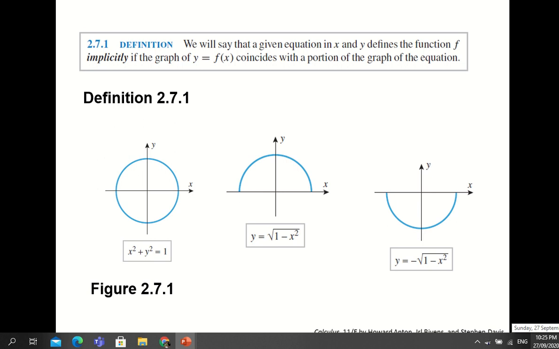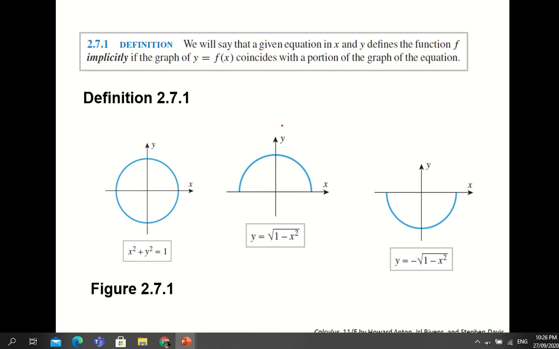Now we have here implicit differentiation. Another definition: we say that a given equation in x and y defines the function f implicitly if the graph of y equal to f of x coincides with a portion of the graph of the equation. There are function classes where you cannot take the derivative easily because of the way the function is written.